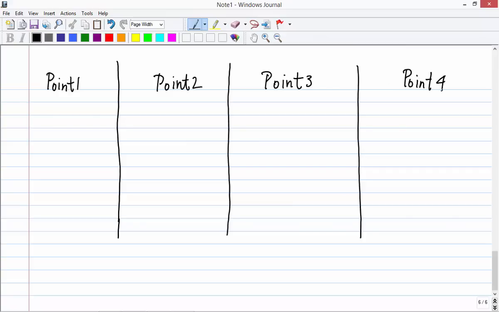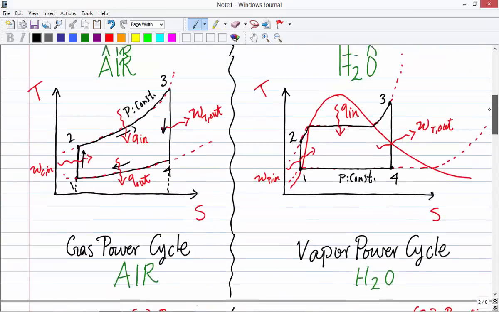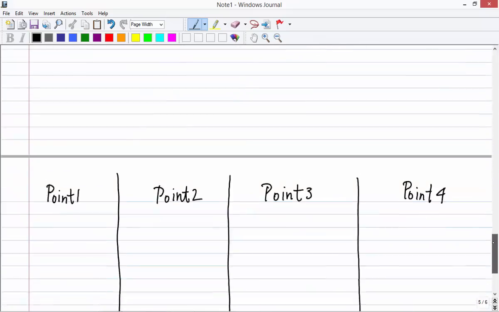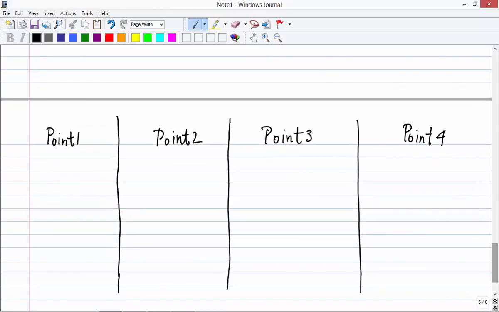What do I have? I have the pressure in the condenser. In the condenser, inlet and outlet are point 4 and point 1, so I have P4 and P1. P1 is 50 kPa, and P4, which is the inlet of the condenser, equals 50 kPa. What else do we have?